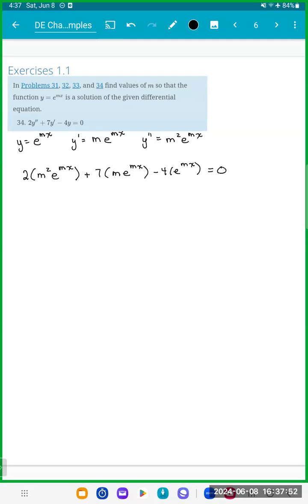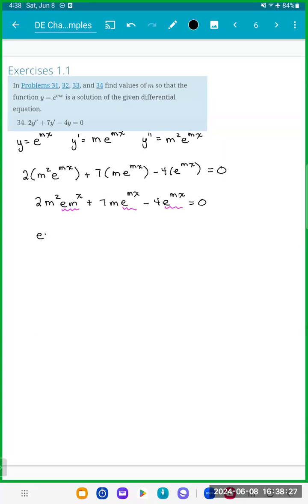Okay, so let's simplify. This becomes 2m squared e to the mx plus 7m e to the mx minus 4e to the mx, and that is still equal to 0. We can actually factor. We can see that we have an e to the mx in all three terms, so we can factor that out of each of these portions.